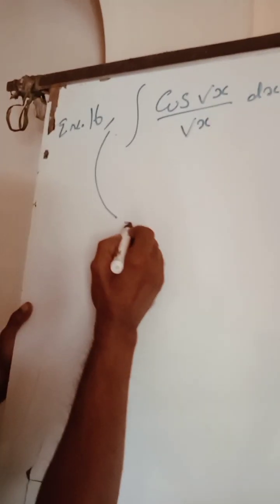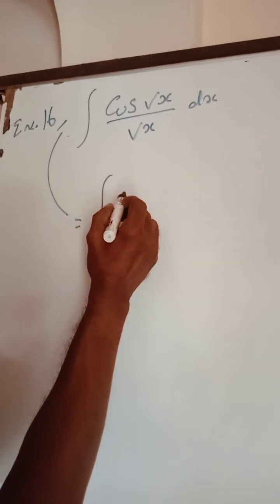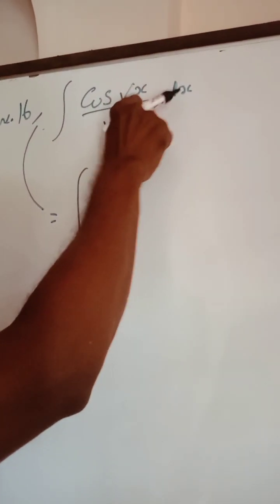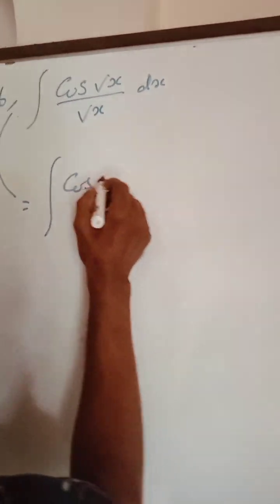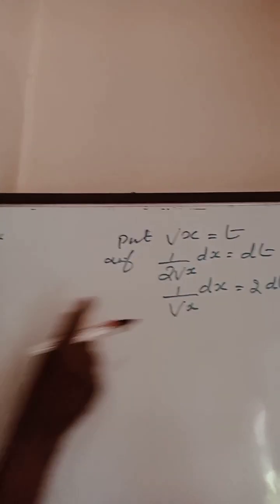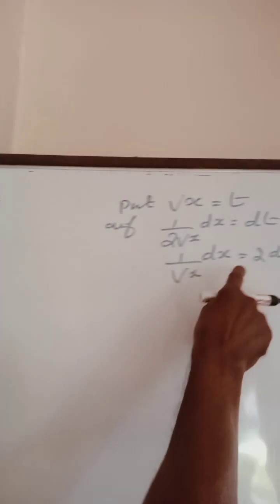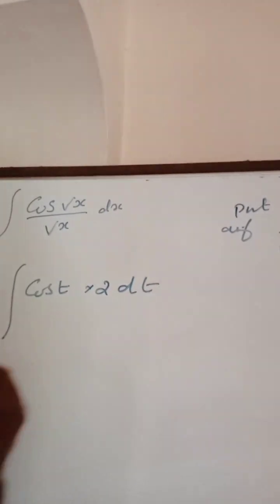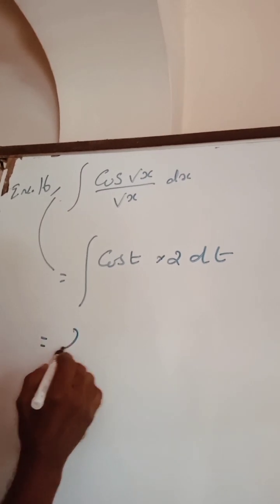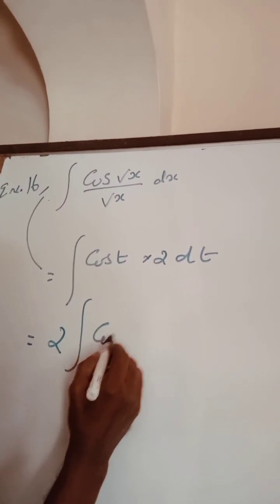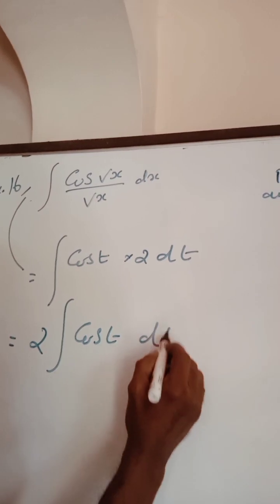So this is equal to the integration of cos, replacing root x by t, and replacing 1 by root x dx by 2 dt, cos t into 2 dt. This is equal to 2 into the integration of cos t dt.